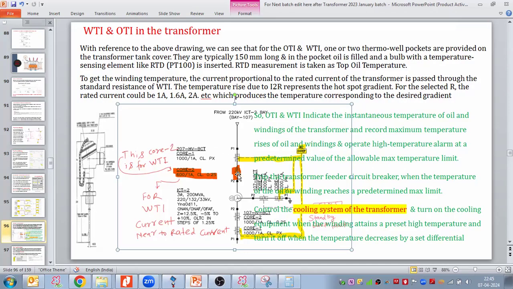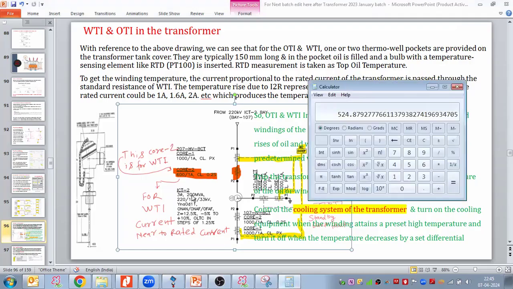But my second CT will not be equal to 1000. Why? Because I need the current exactly equal or near to my transformer current, because from this current I am sensing the temperature. So due to this reason, this current should be close to the transformer rating.